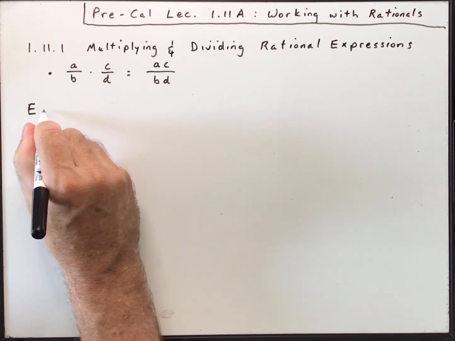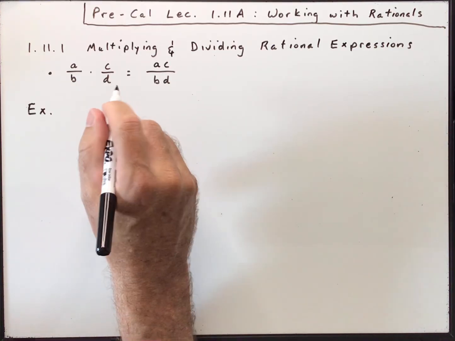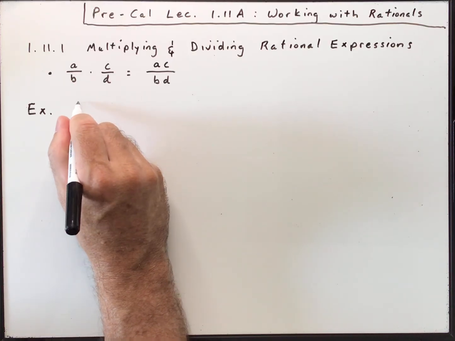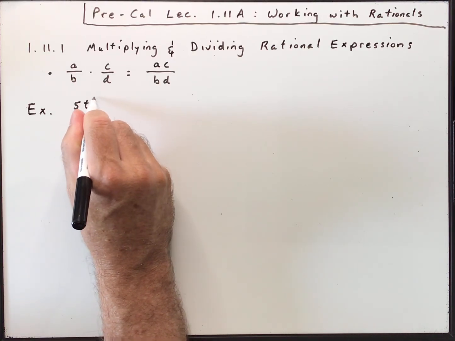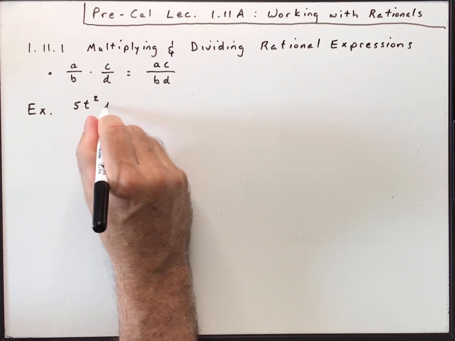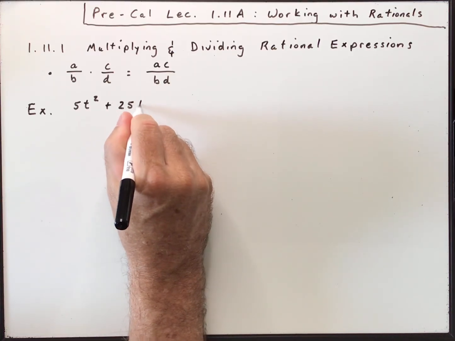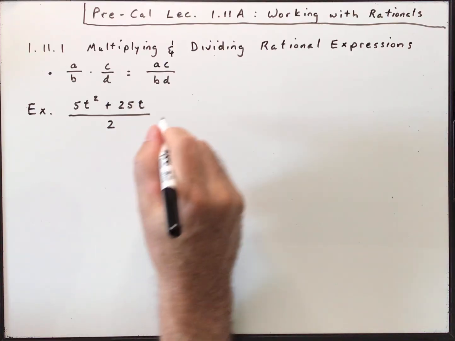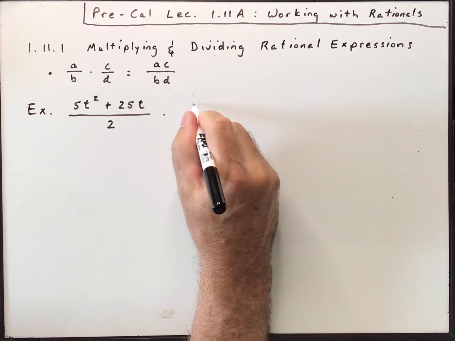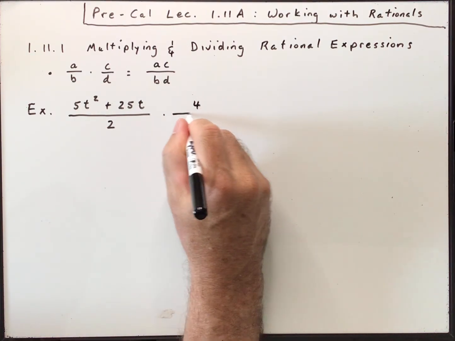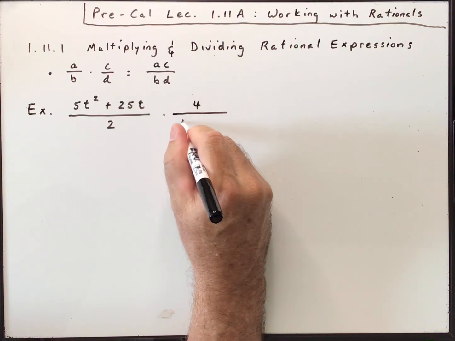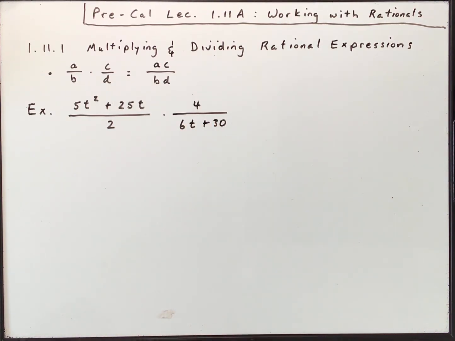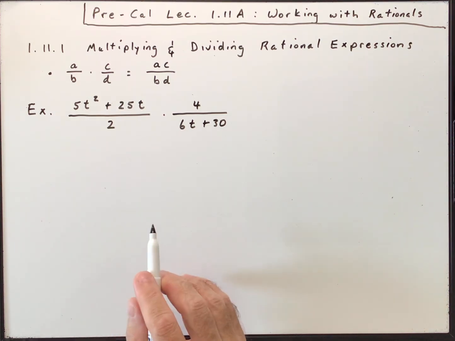So let's do an example of this with a couple of rational expressions. We want to multiply 5t squared plus 25t over 2 times 4 over 6t plus 30. Now we could go ahead and simplify this before we multiply.